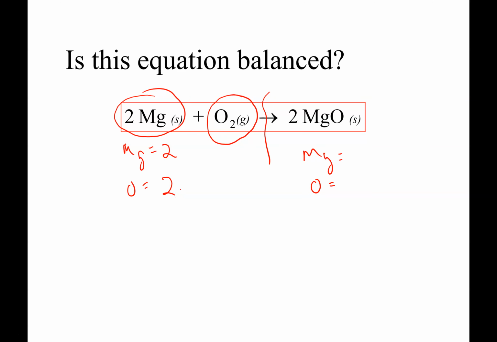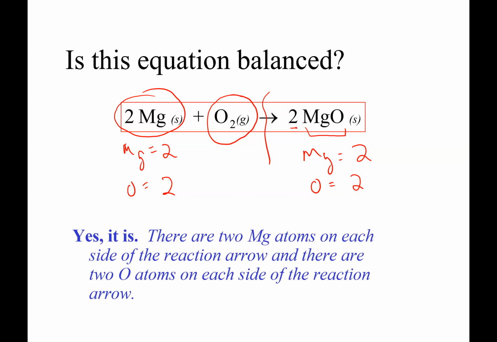Very good. On the product side, if I have 2 of these units, which is 1 magnesium, 1 oxygen, how many magnesiums do I have? 2. How many oxygens? 2. Yep, there are 4 atoms, but that's how they're divvied up. So yeah, it's balanced. Conservation of matter.